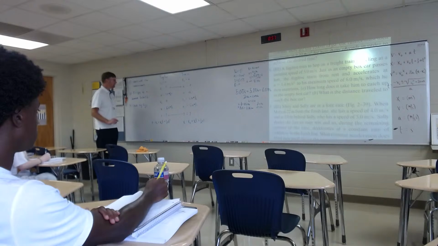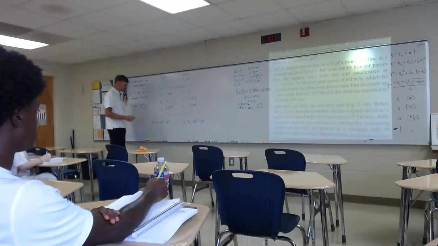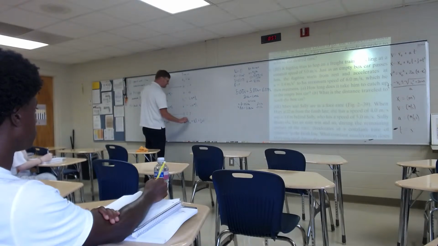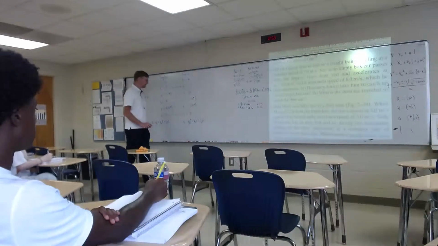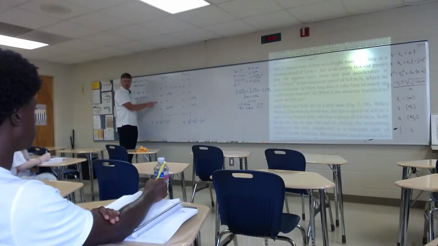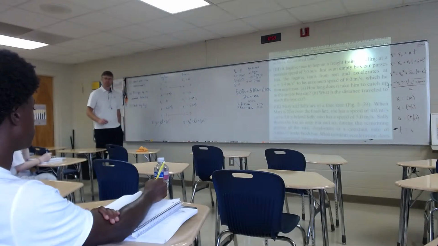Now, the initial position of both of these objects is 0, so that term goes away. Anytime you can take some zeros and cancel terms, that goes away. The initial velocity of the fugitive is 0, so this whole term goes away. Do you follow that?